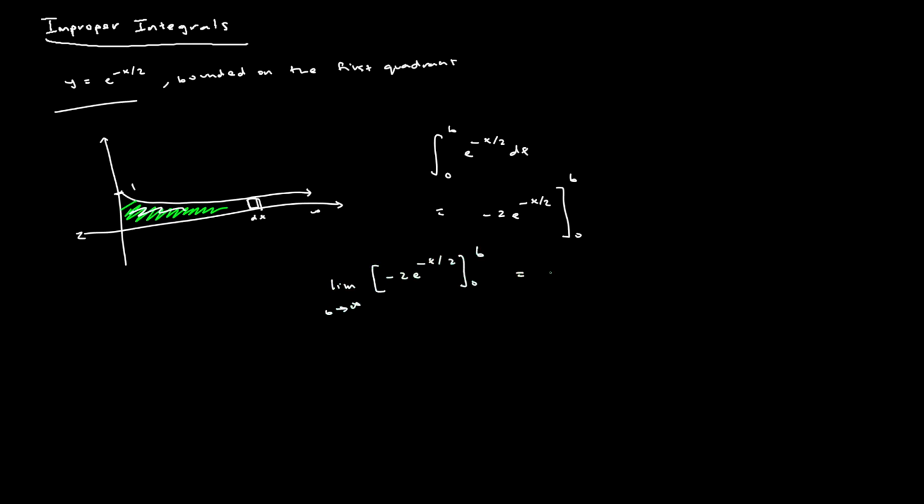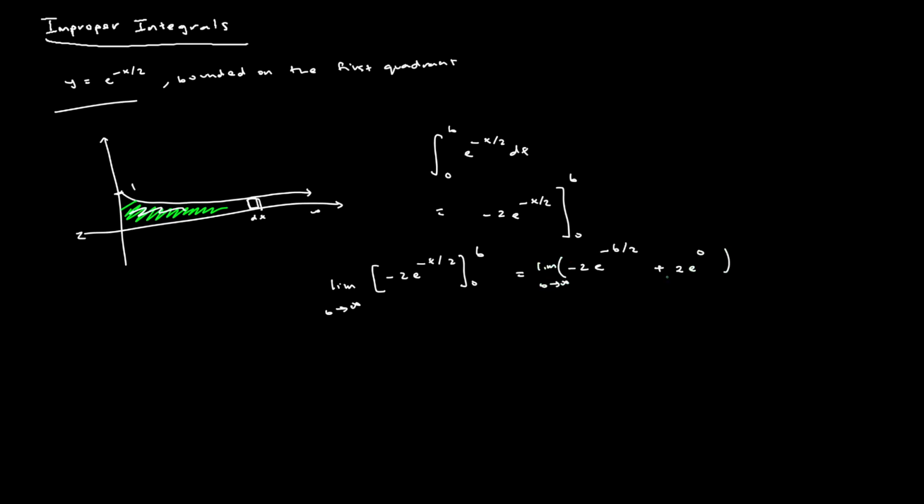And when we simplify that, we'll get negative 2e to the power of negative b over 2 plus 2 times e to the power of 0, and the limit of that as b tends towards infinity.